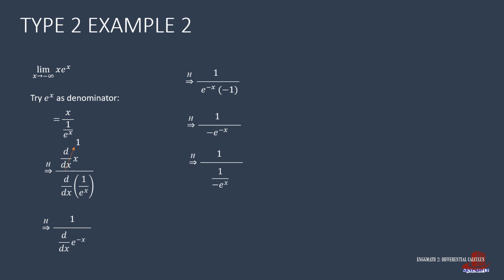Further simplify this as negative e raised to x. Now plug x as negative infinity, making the function negative e raised to negative infinity, which is 0. So, the limit of x times e raised to x as x approaches negative infinity is 0.